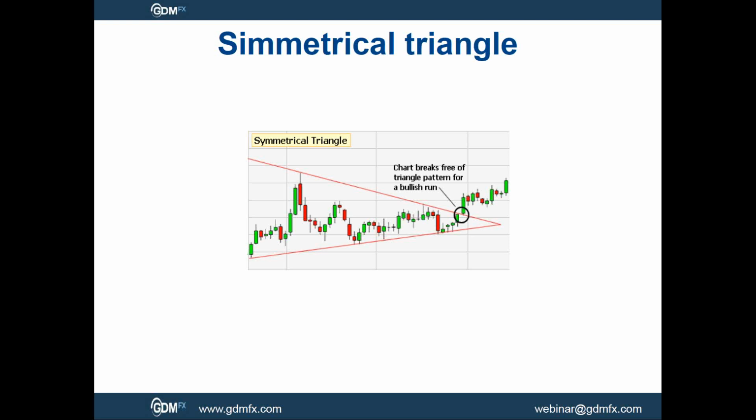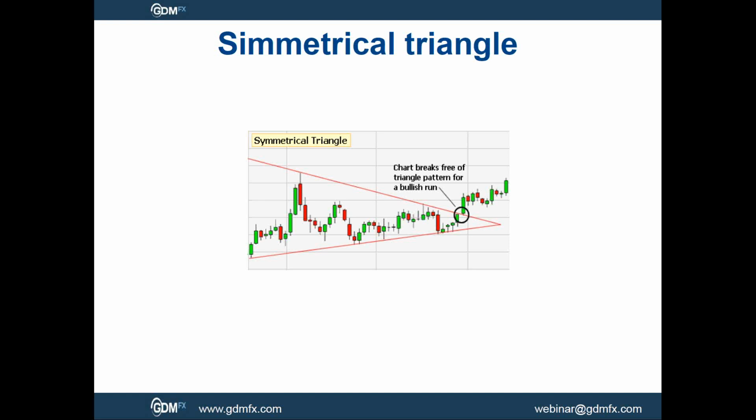Now, the two trend lines in the formation of this triangle should have a similar slope, meaning that the triangle should be a symmetrical one for it to appear as a symmetrical triangle.